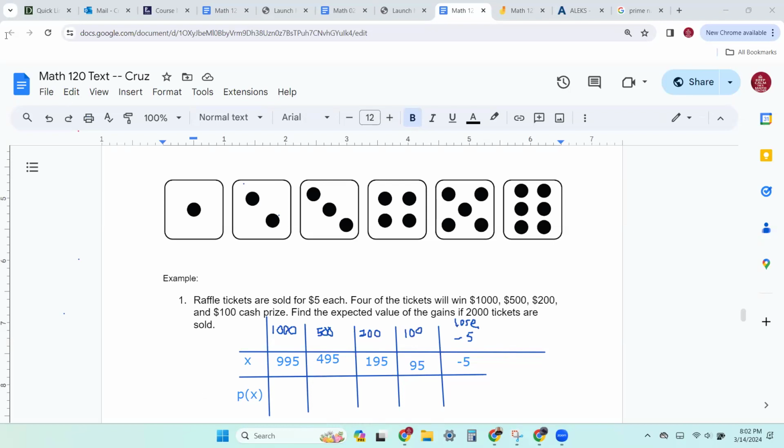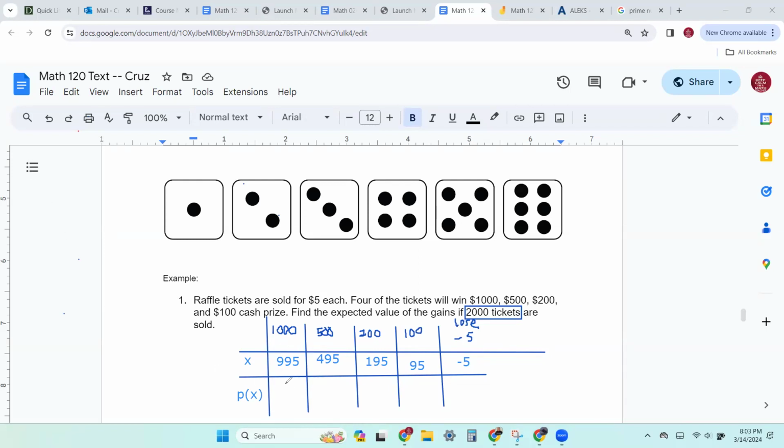All right, now we're going to use this $10,000 information. How are we going to use that? That's 2,000 tickets. So with that in mind, what is the probability of winning that $1,000 prize if there's 2,000 tickets?